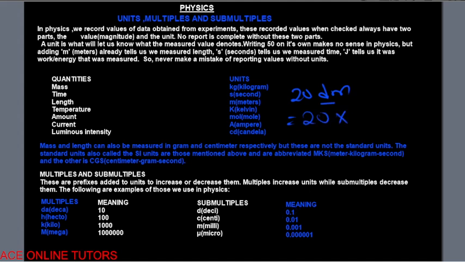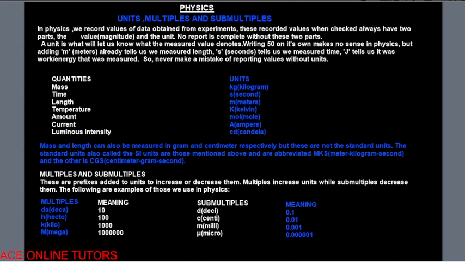So you say multiply by 0.1, then you put your meter. So this will give us 2 meters. As you can see, 0.1 times 20, we remove this 0, and you are left with just 2. So that's the meaning of deci. That means that you are dividing by 10, because since this 0 is not here again, it means that you have divided this 20 by 10.